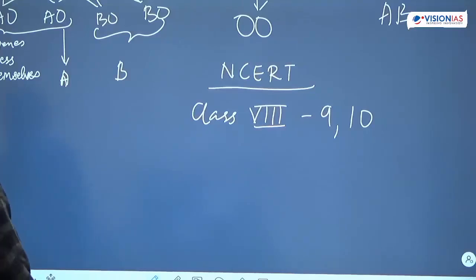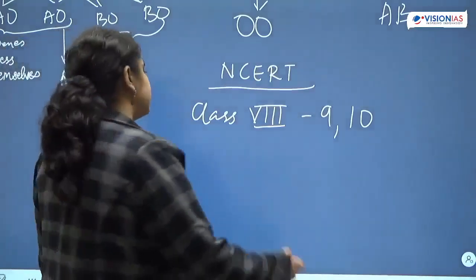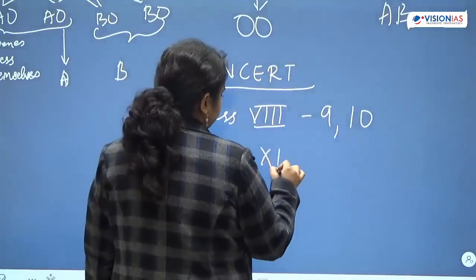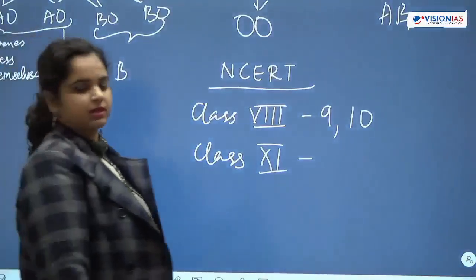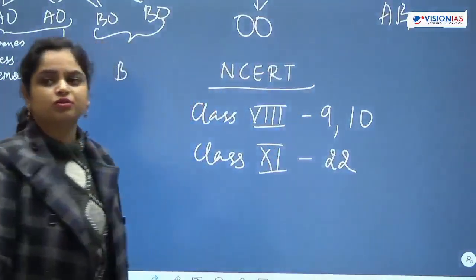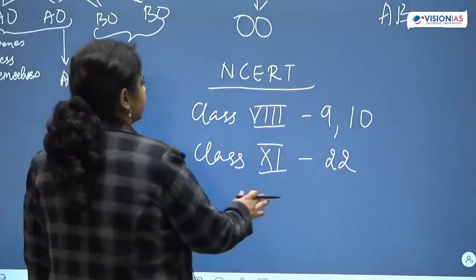So maybe next time I'll tell you genetics wala chapters. And in class 11th, there is one chapter on hormones, which is your chapter number 22. So if you want to read further into the hormones or the diseases which are there, you want to take an overview, you can take it from here.